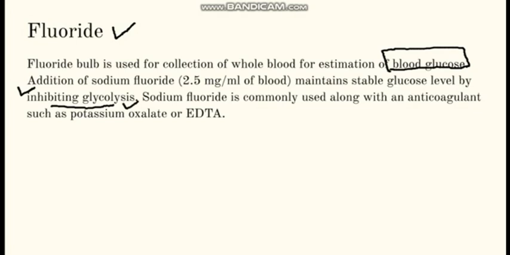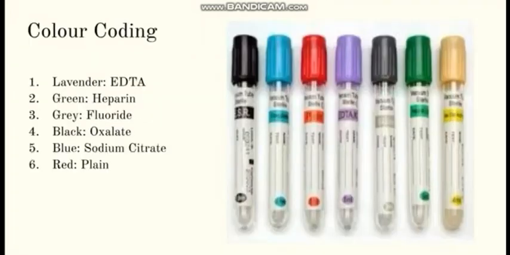Hirudin and bivalirudin are the bivalent direct thrombin inhibitors that bind at both the catalytic or active site of thrombin as well as the substrate recognition site, and it prevents the formation of fibrin and clotting of blood.